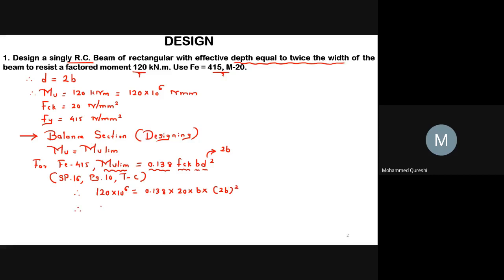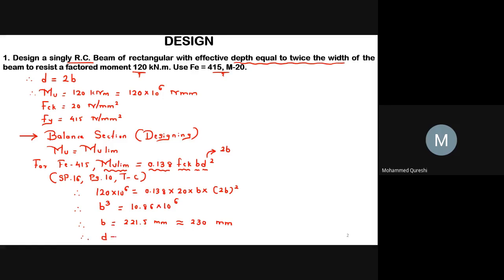Therefore, after solving this equation, you will get B cube equals 10.86 into 10 raised to 6. Therefore, value of B will be equal to 221.5 mm. Approximately, we will take this value as 230 mm.